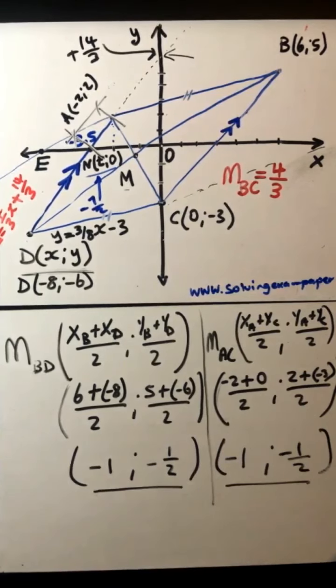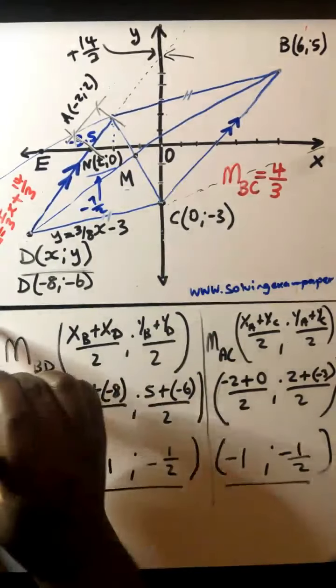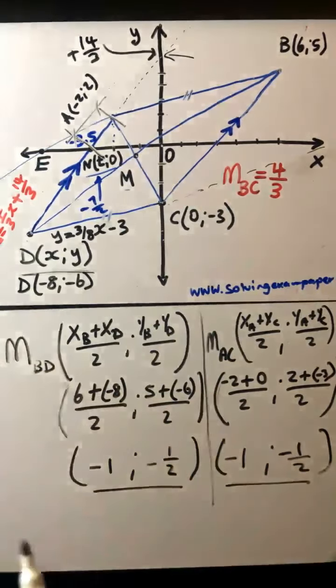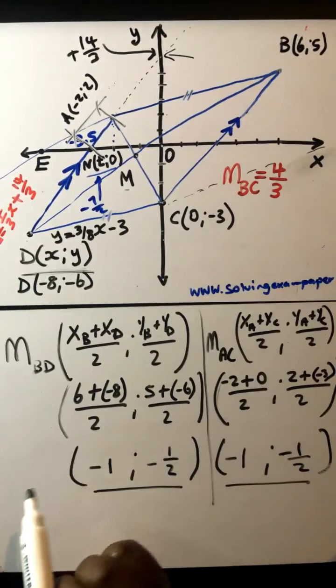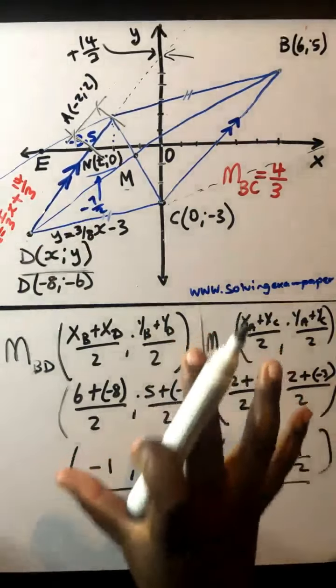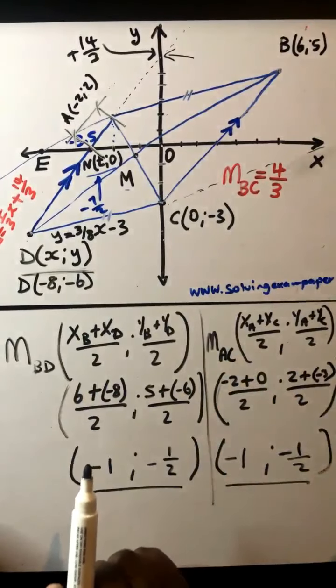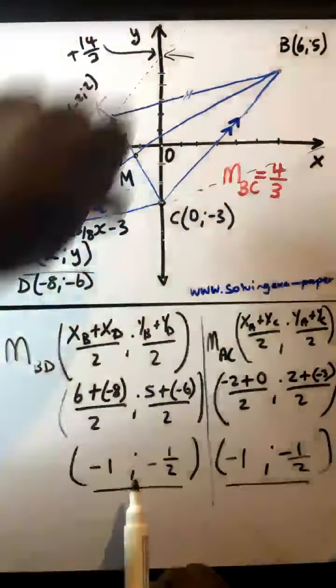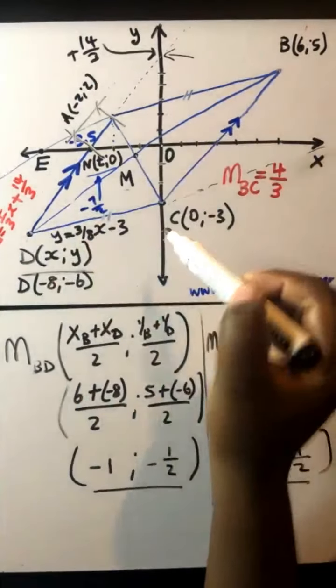Okay, so remember, guys, in this way we answered question 3.7. Let's go back to question 3.6, which says prove that this is a parallelogram. This is one of the ways in which we can prove that. Remember, if this is a parallelogram, it means this gradient and that gradient are the same.